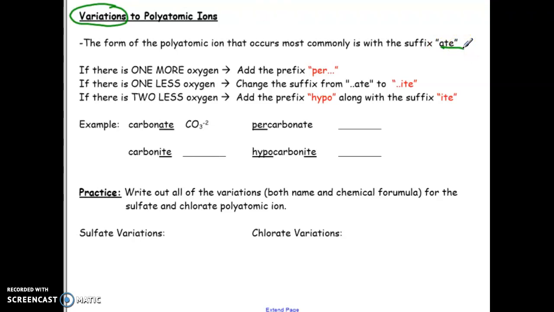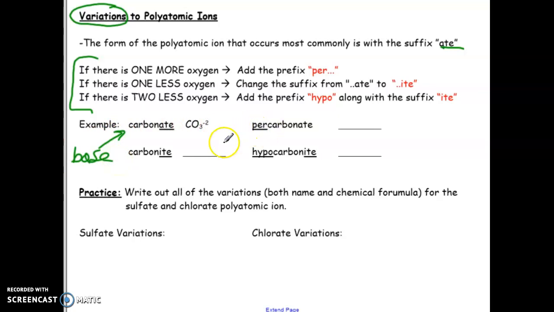But we can have variations of those polyatomic ions, and what can change is the number of oxygens. The best way to learn this is through example. So carbonate is the base name, and this is the one that you'll find on the chart. The base name is always given on the polyatomic ion chart on your data sheet.